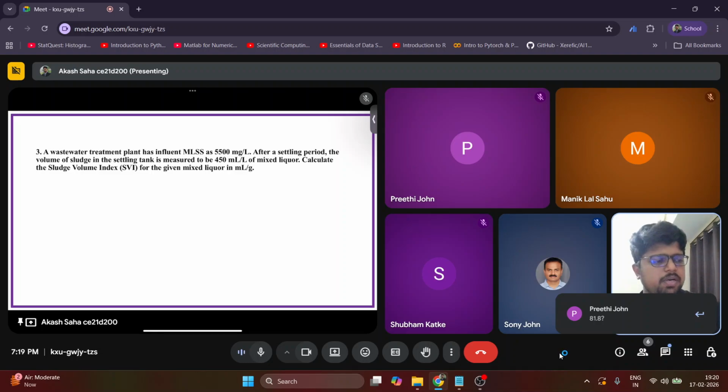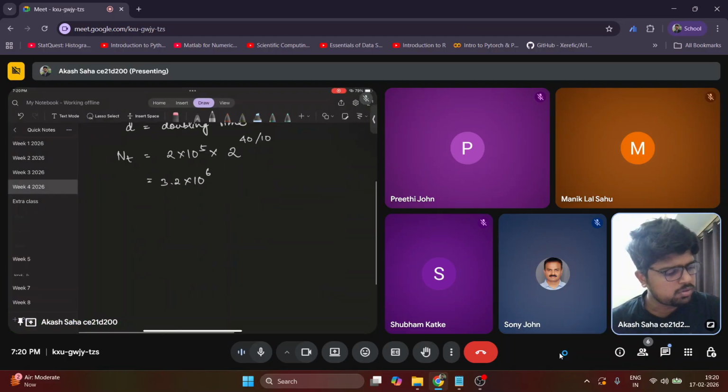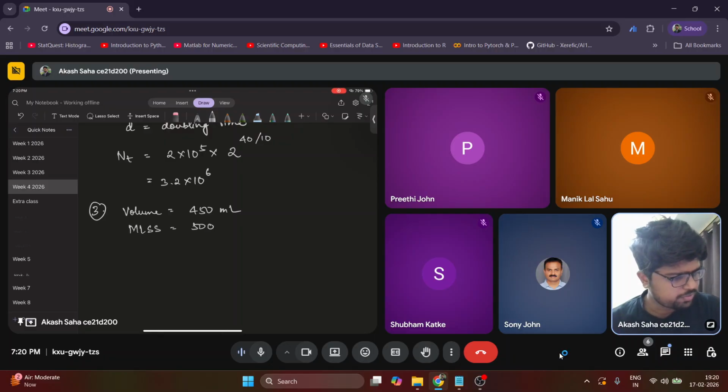Yeah, 81.8 is the correct answer. For others, I will just write it down. So answer to question number 3. Here the volume of sludge is equal to 450 milliliter and MLSS is equal to 5500. So what will be my SVI?